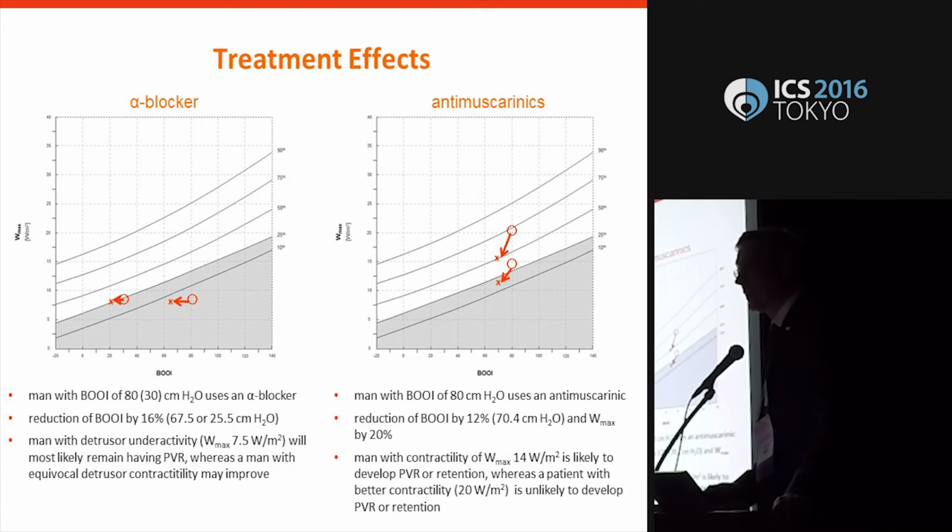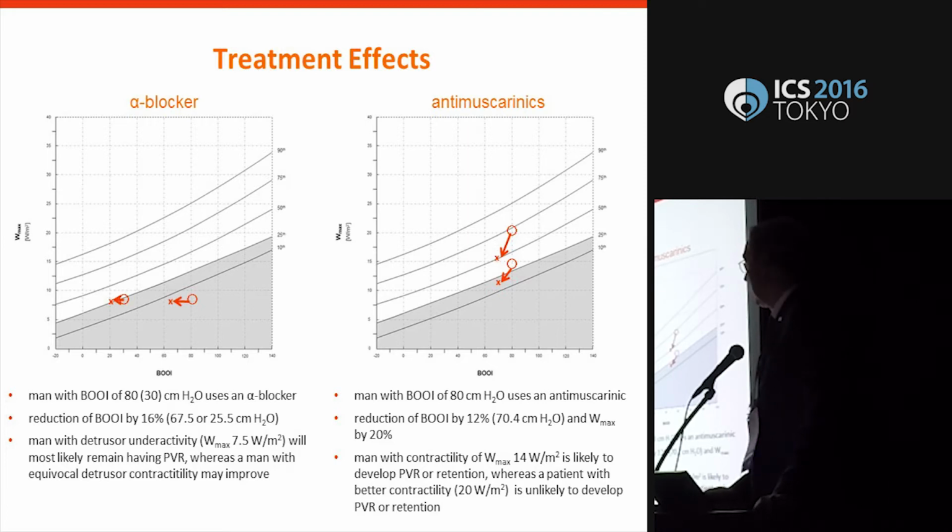What's happening with antimuscarinics, and this may be an explanation why some patients go into retention and some patients don't? What does an antimuscarinic do? There's a reduction of the bladder outlet obstruction index by 12% and a reduction of Qmax of about 20%.